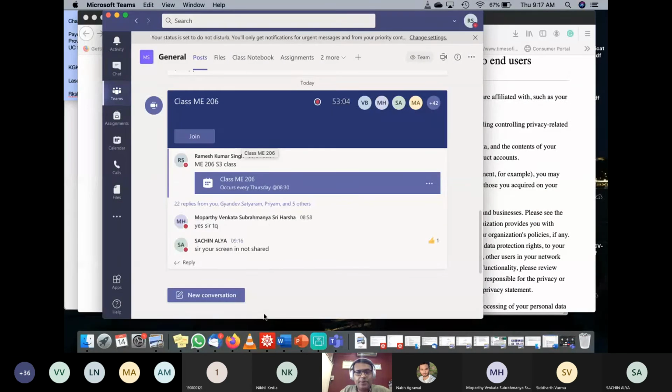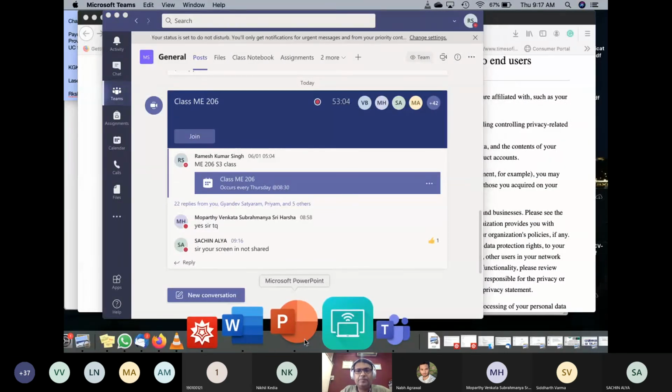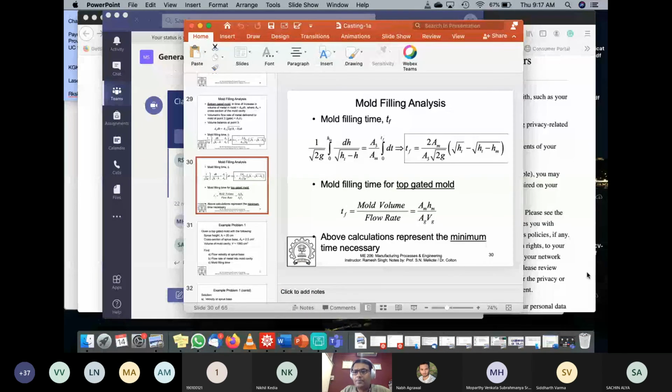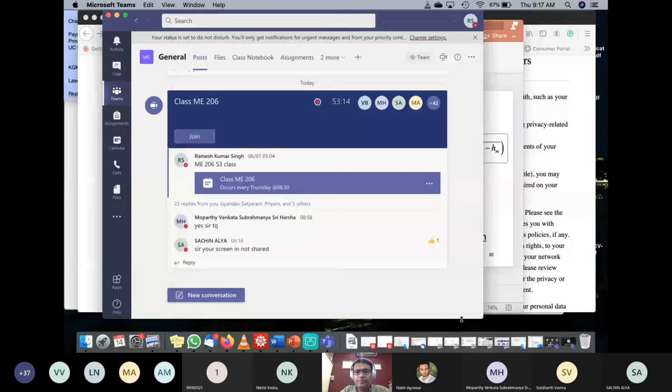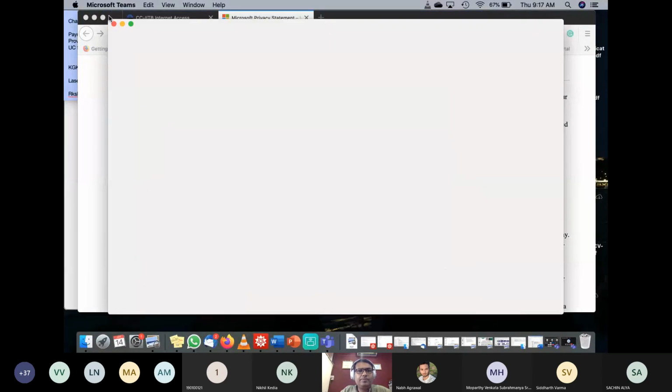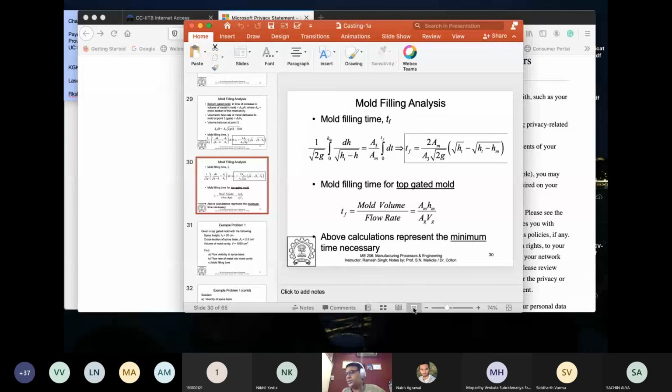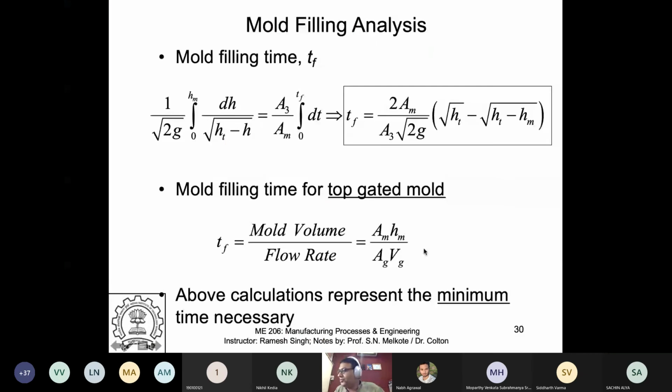Okay, good. I don't know why it's showing me so many windows of Teams. Yeah, good. Finally. Sorry about the confusion.